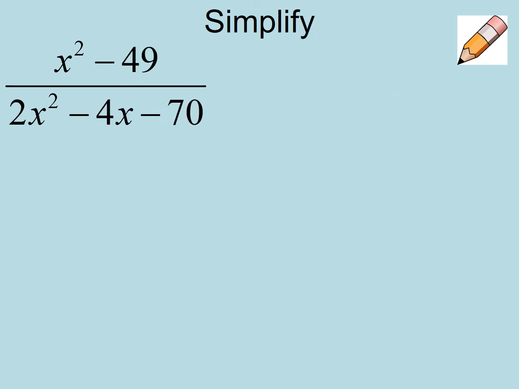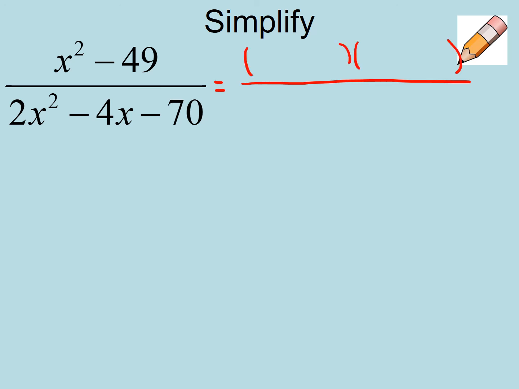Alrighty, the last problem. In the top, there is no common factor between x squared and a negative 49. But don't forget about difference of squares. We know that 49 is a perfect square, which means that's what we're going to have to use to factor my numerator.